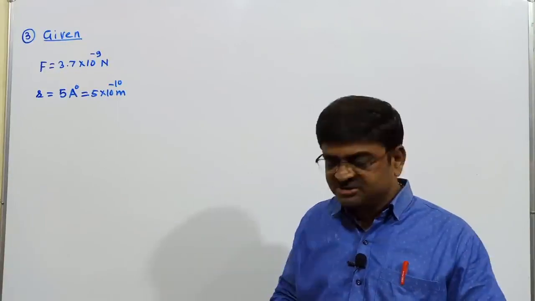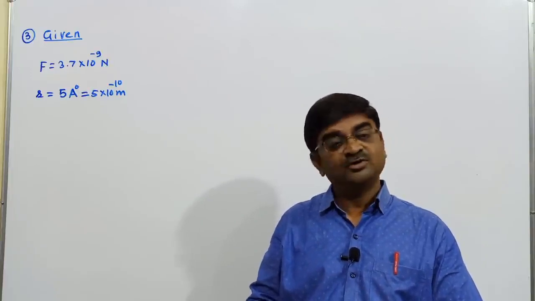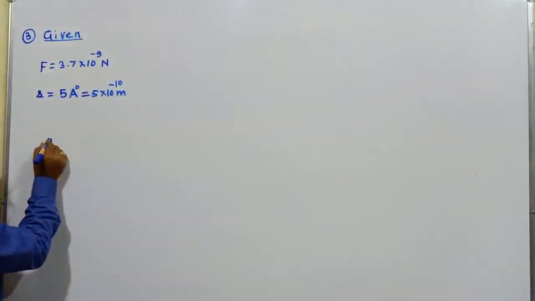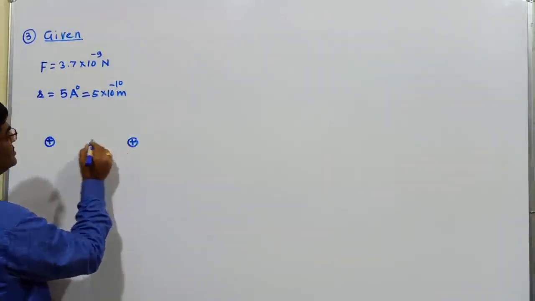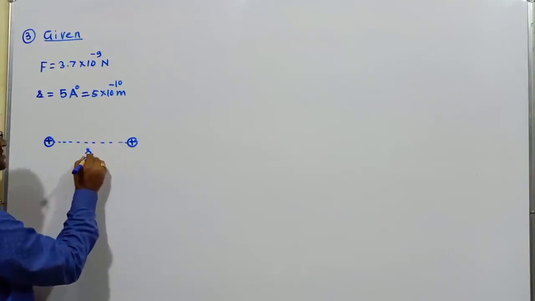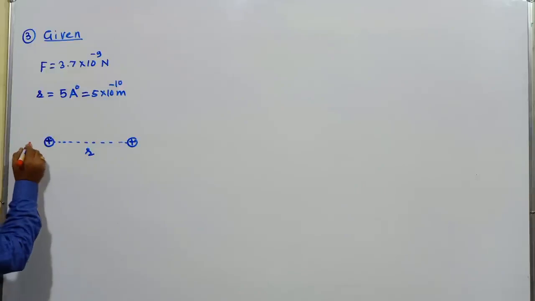As it is mentioned that we have got 2 positively charged ions, these are the 2 ions which they are speaking about. These 2 ions are separated by the distance mentioned there. Then naturally, these 2 ions will have a force of repulsion between them, which we represent in this way.